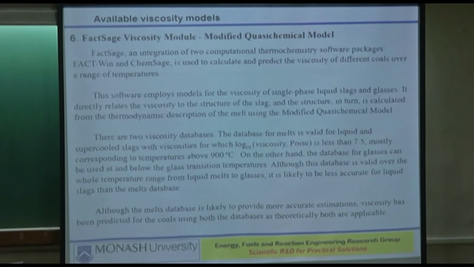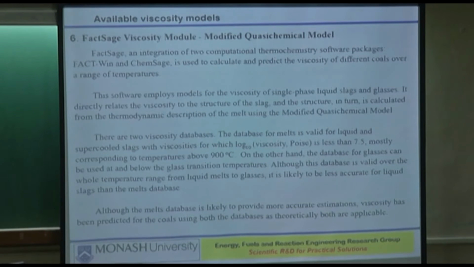There are two viscosity databases. The database for melts is valid for liquid and supercooled slags with viscosities where the log of viscosity is less than 7.5, mostly corresponding to temperatures above 900.